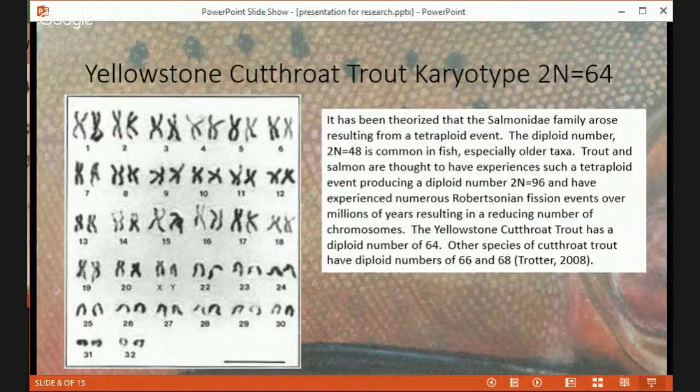So the idea is that a tetraploid event occurred at some point millions of years ago in an ancestor to the trout and salmon family, doubling the number. So a tetraploid event would double that number from 48 to 96, and then Robertsonian fusions have been occurring over millions of years, which would reduce the chromosome number down to what we have today.